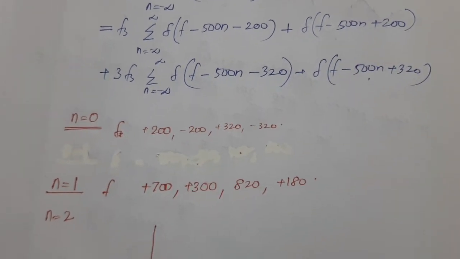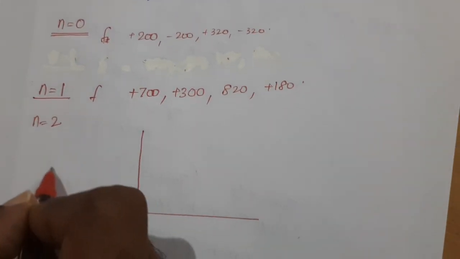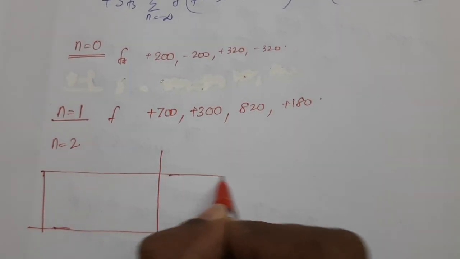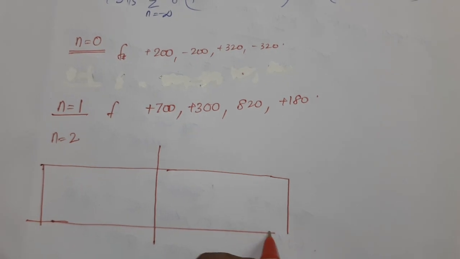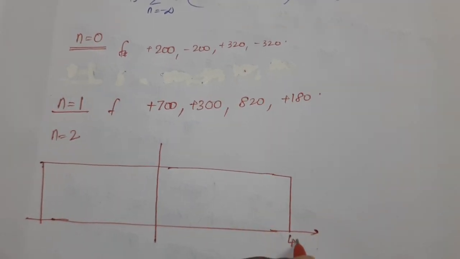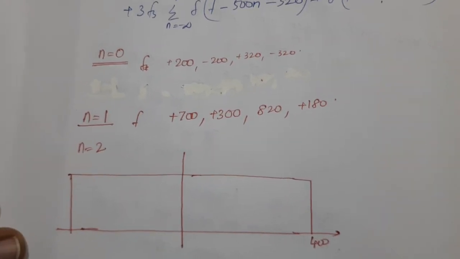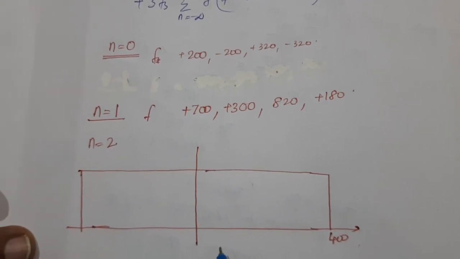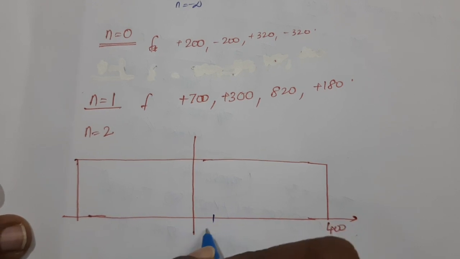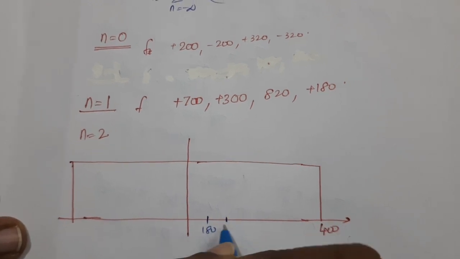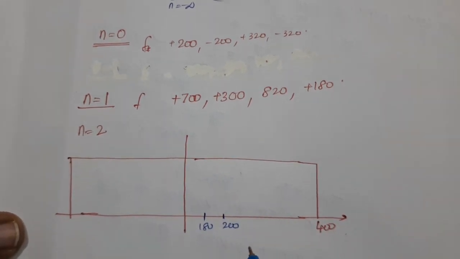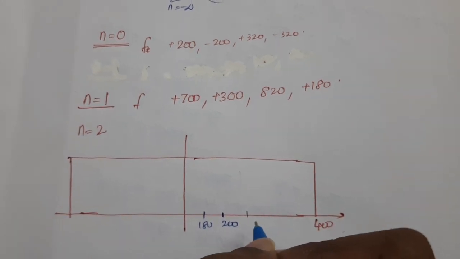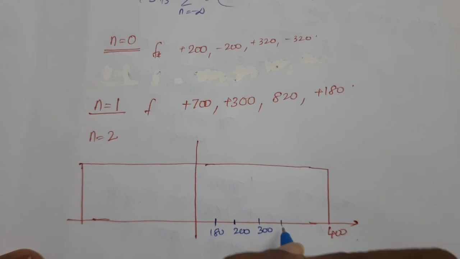Given that the passband of the filter is 400, whatever frequencies are present inside this 400 we need to check. So we have 180, then 200, then 300, then 320.